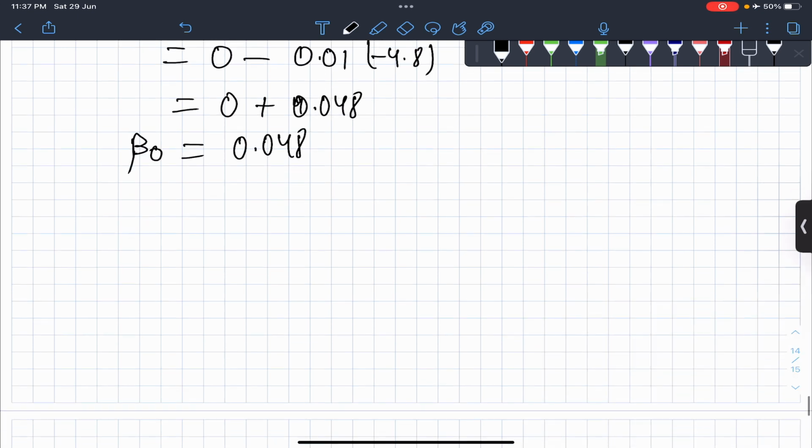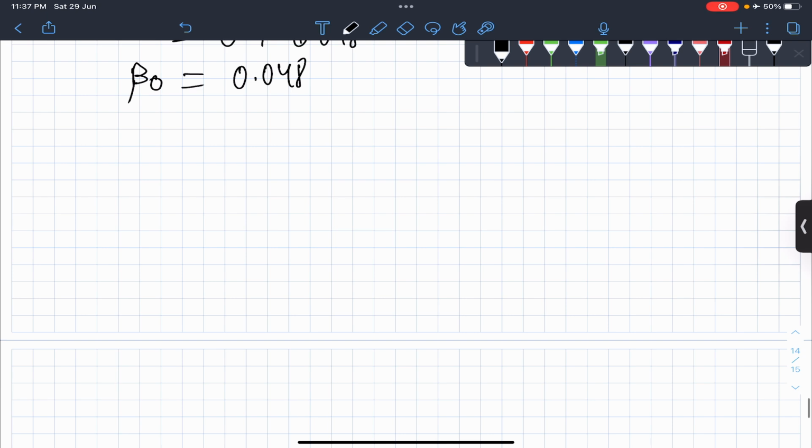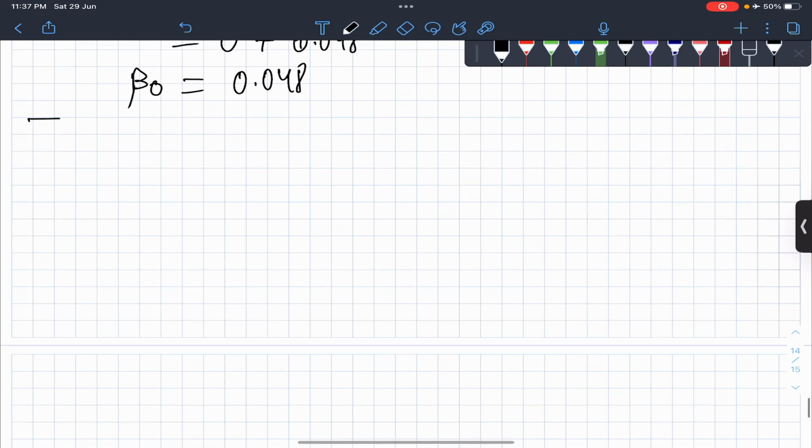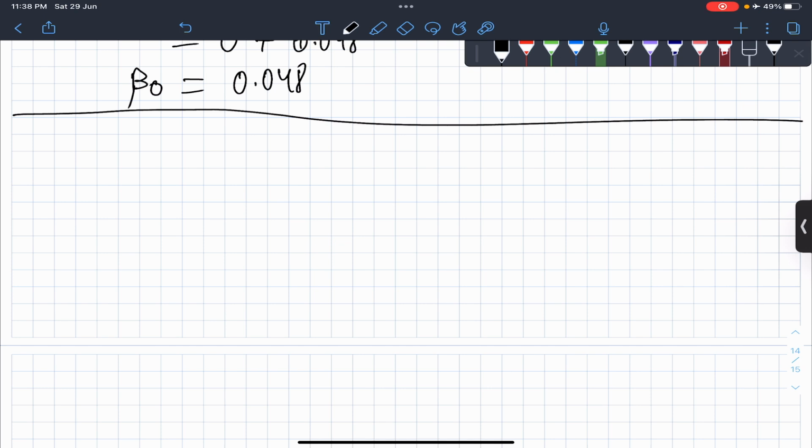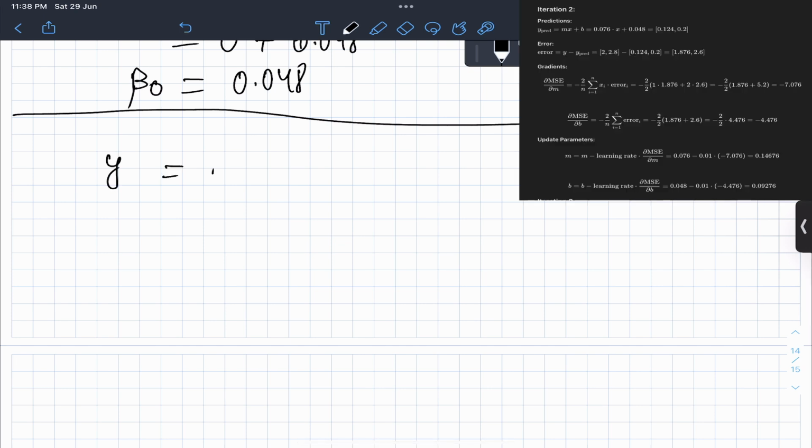Now again we will make our prediction. I have my notion ready for it, so I won't be taking much time. New prediction: where is beta 1 x plus beta 0? So our beta 1 x will be 0.076 into what was our x?